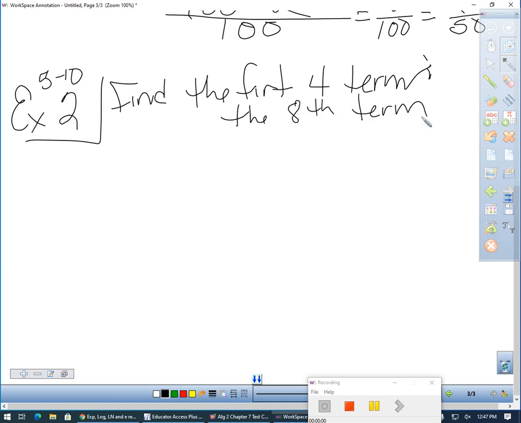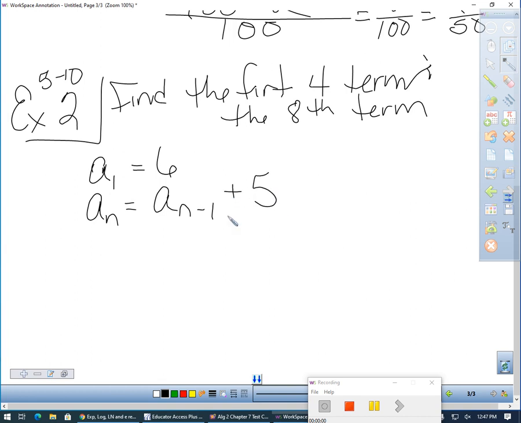But this time, the formula is written recursively. Okay, so it's a little bit different. So let's say I have a sub 1 equals 6, a sub n equals a sub n minus 1 plus 5.